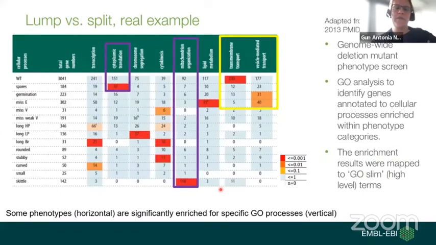And this is a real example where it was shown how useful it is not to lump those concepts. This was a phenotype screen done on a deletion collection in yeast, in pombe. And it was shown that the deletion mutants that had a problem with spore development were annotated to cytoplasmic translation.